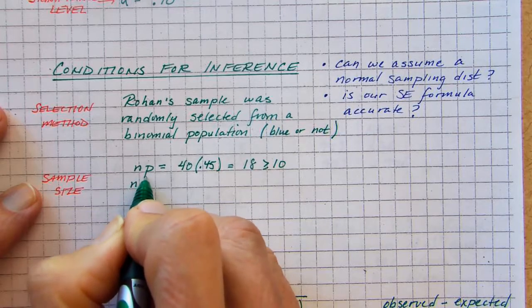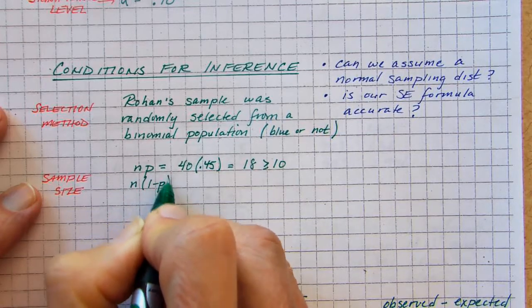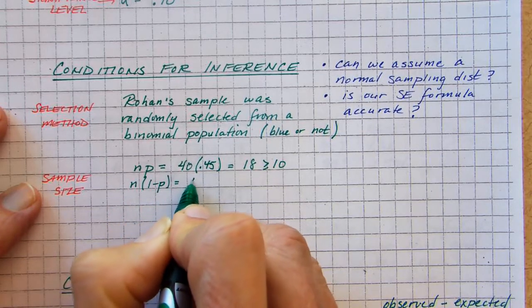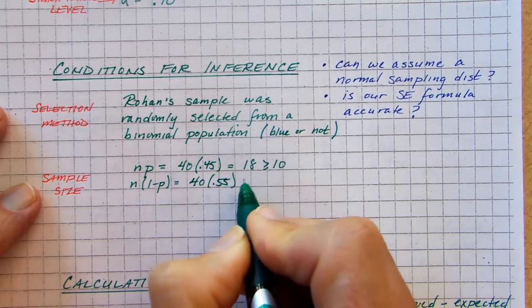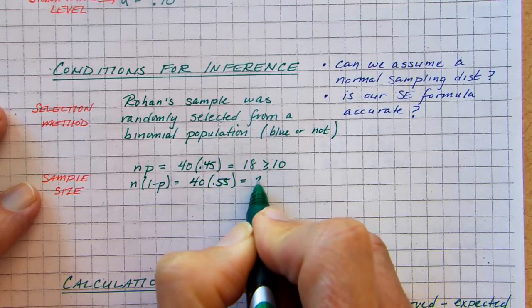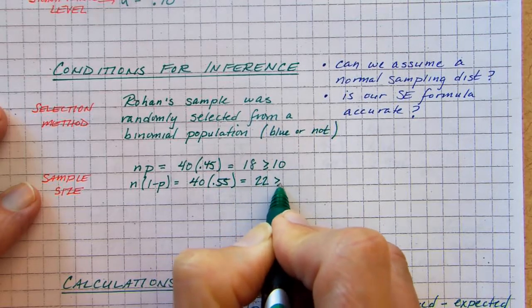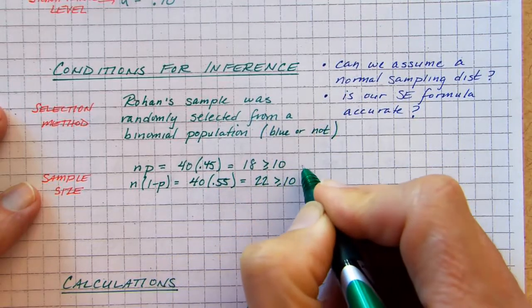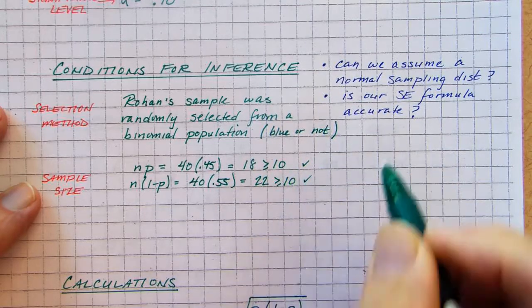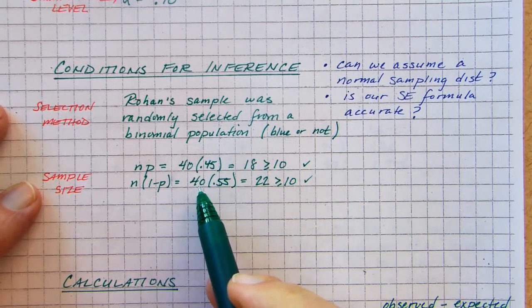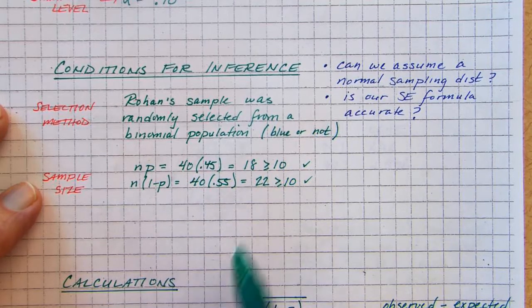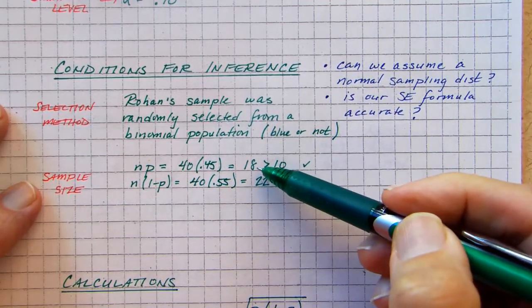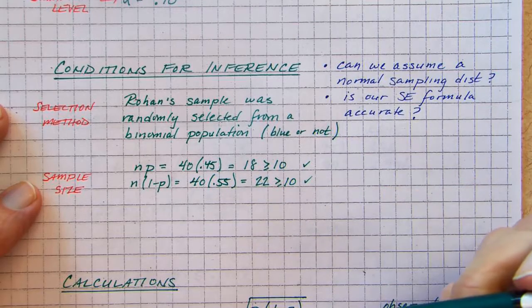And then we do N times 1 minus P, 40 times 0.55. That would be the other 22 chips, which is also greater than or equal to 10. So if we sample 40 chips from a box that really is 45% blue, we would expect about 18 blues and 22 non-blues.